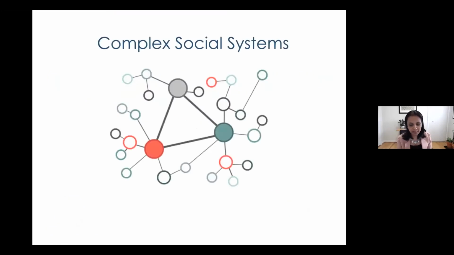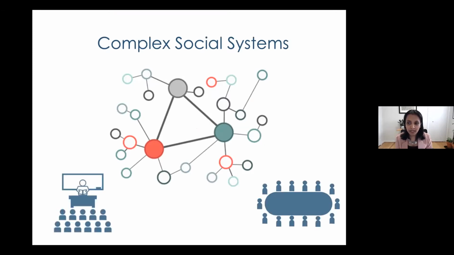So complex social systems are, of course, composed of the behaviors of individuals, and as all of you will well know, these are characterized by interconnectedness, nonlinearity. They're adapted, and when you think of complex social systems, you might think of one of the many social systems and structures that underlie human societies, such as schools and workplaces and hospitals.